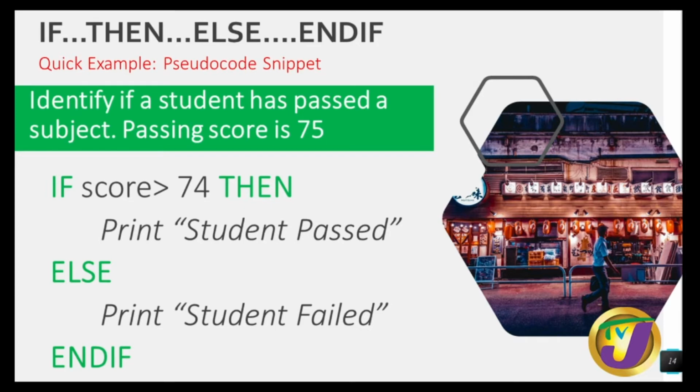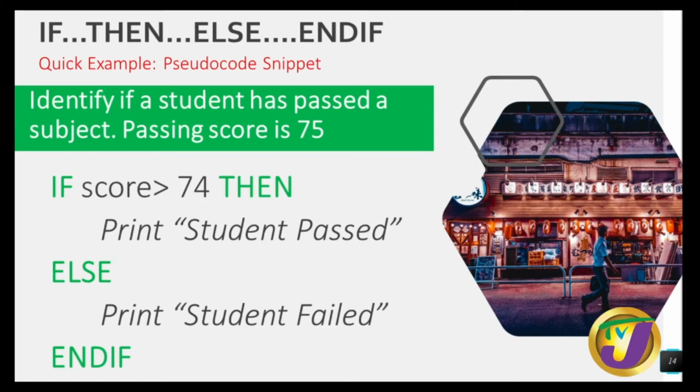The condition says score greater than 74 because the passing mark is 75, and we're working with integer scores this time. So any score greater than 74 means 75 or more. That is where the condition is placed and how it is placed. We print student passed if the score is greater than 74, and if the score is 74 or less, then we print student failed. Now that condition is what we're going to try to break down a little bit.